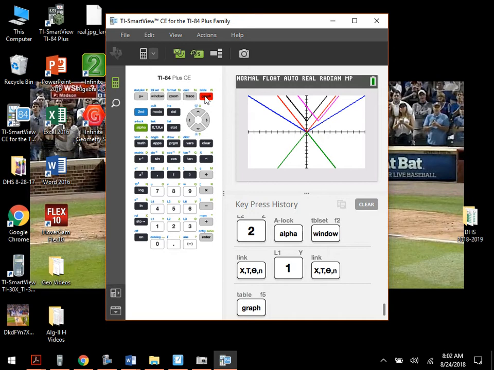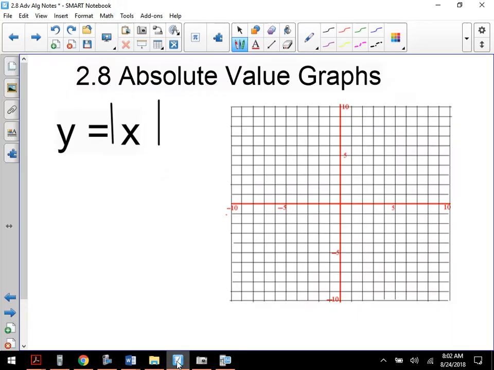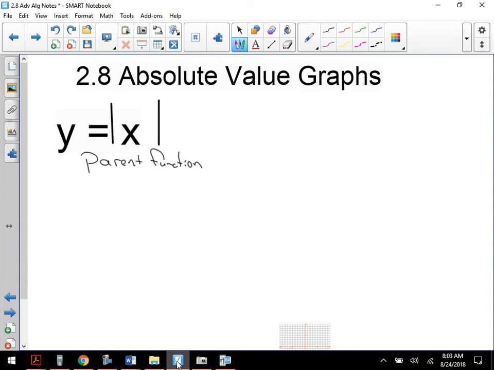Staying with me here? So what happens is you get this idea that this would be a parent function. This is the parent function of what every single absolute value graph has to have something like this. Has to have the absolute value. To that, we add the shifted function.